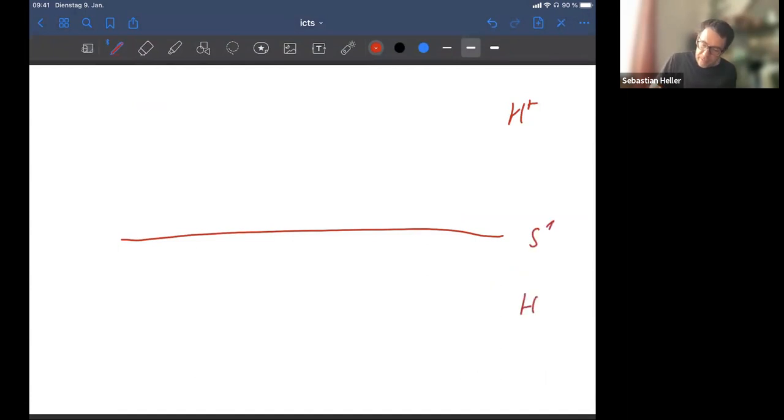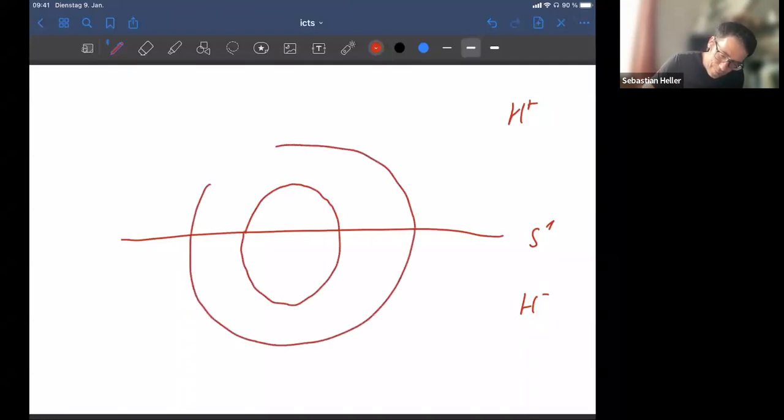And here we have another hyperbolic space I denote by H minus. And then you can look at a projective structure on the torus whose developing map is basically given by going along here.